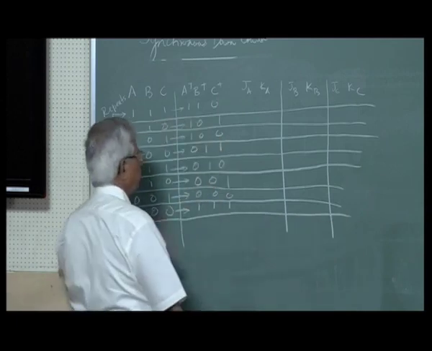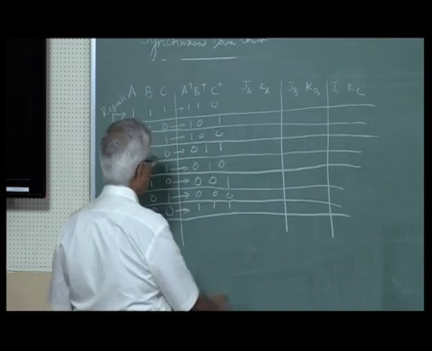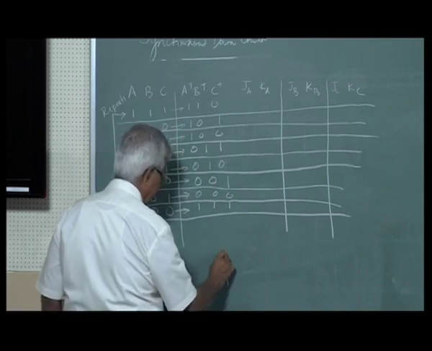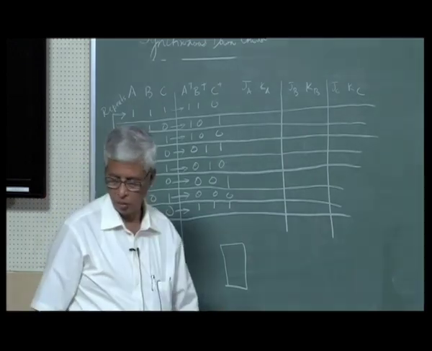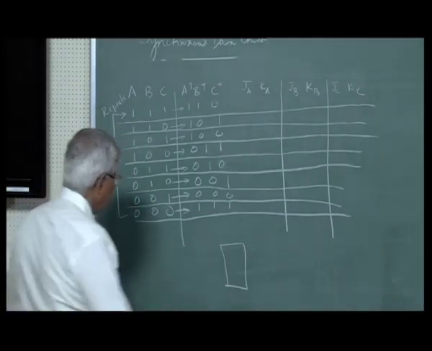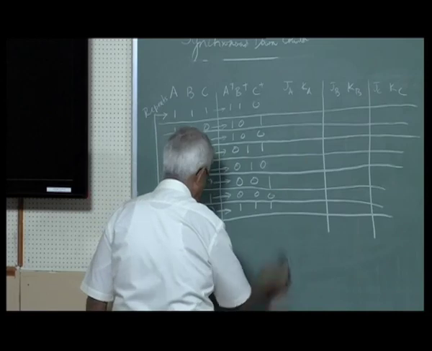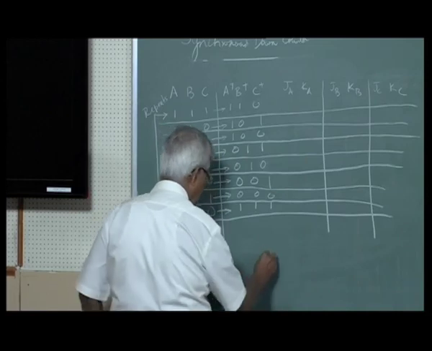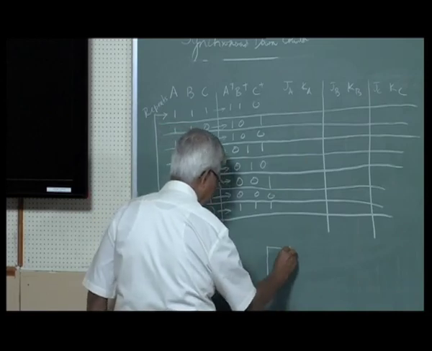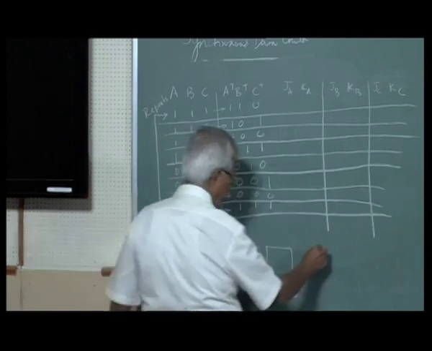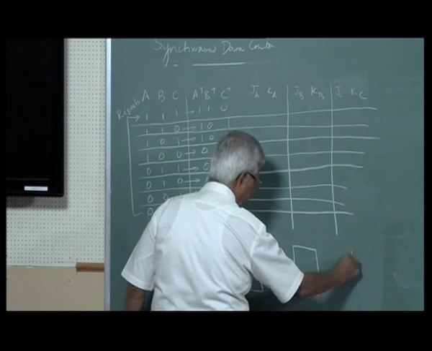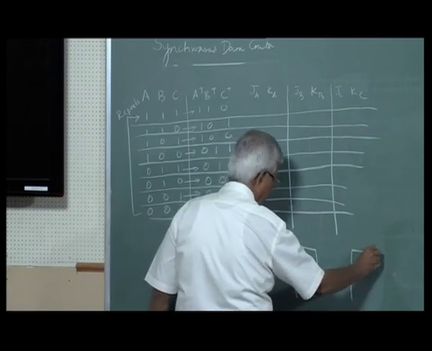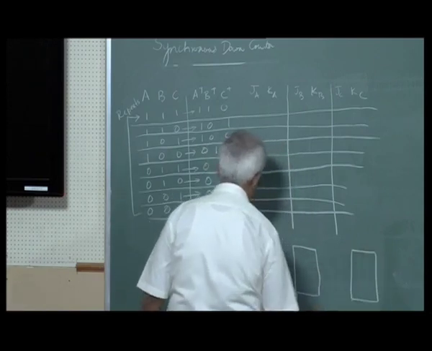Now, what is the circuit going to look like? Circuit is going to look like this. JK flip flop 1, JK flip flop 2, JK flip flop 3.